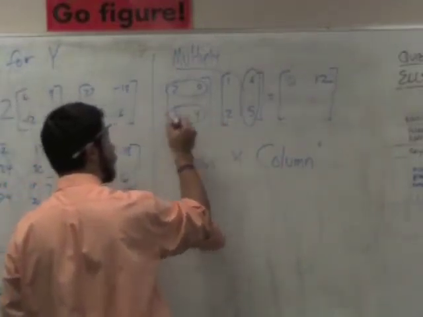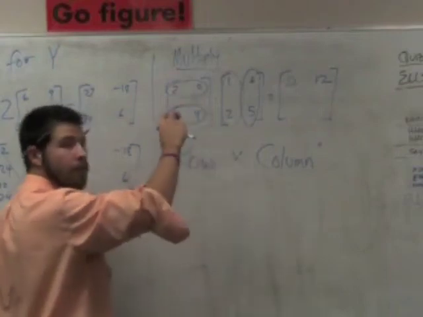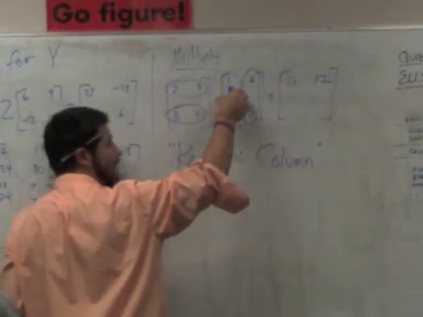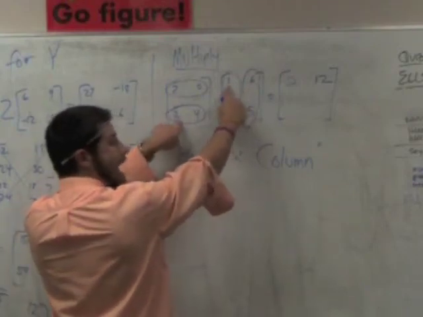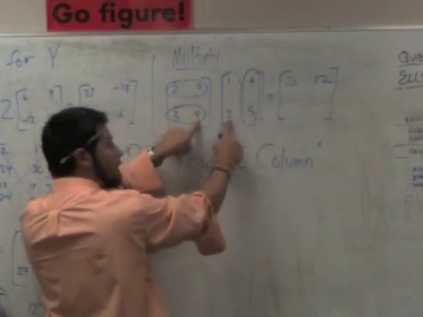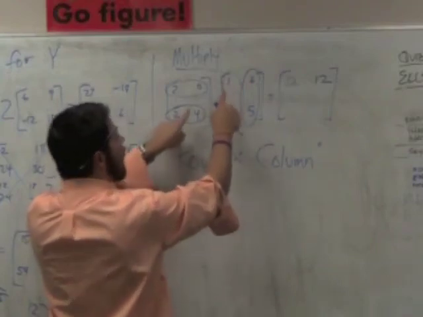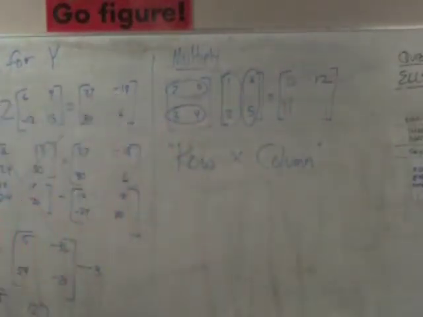Let's move on to the second row. The second row is 3, 4. You will imagine taking this out, turning it, and putting it on top of the column. The 3 goes on top of the 1, multiply is 3. The 4 goes on top of the 2, multiply is 8. And 3 plus 8 would be 11, which goes in the next spot.